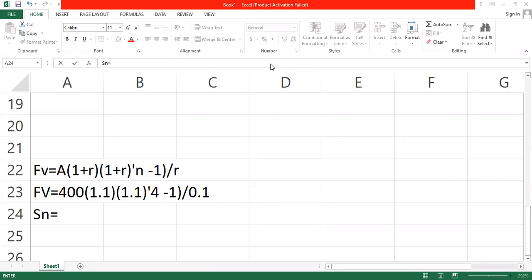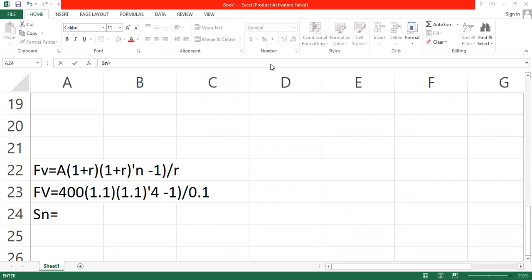Yeah, what you do is that you see the 1.1. If you want to put it in the calculator at once, you have 400 multiplied by 1.1, then you open another bracket. So the 1.1 should be in a separate bracket. Then you open another bracket, 1.1 exponent 4.